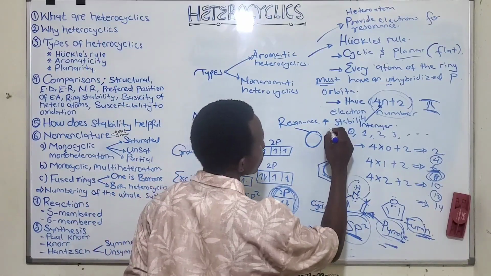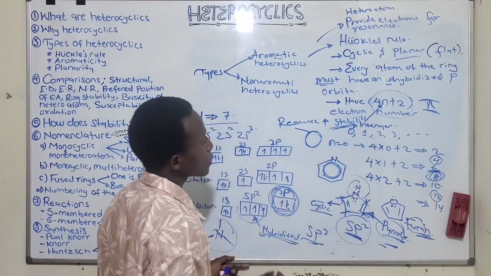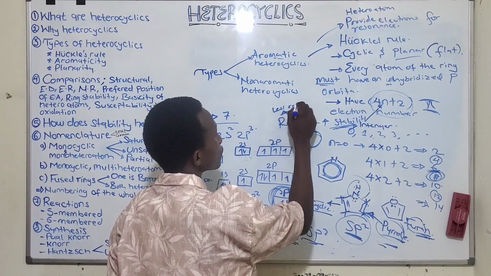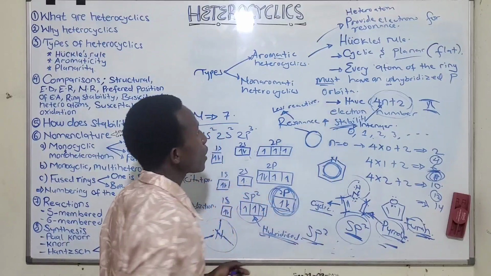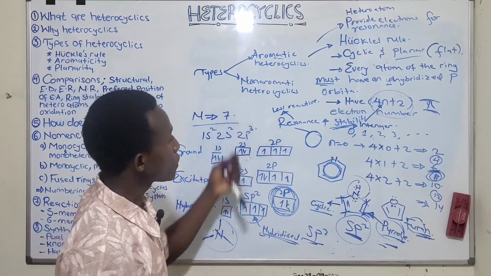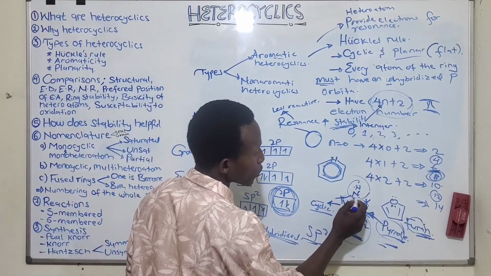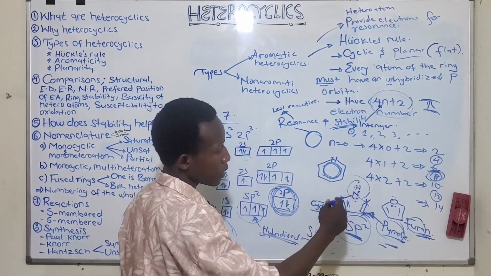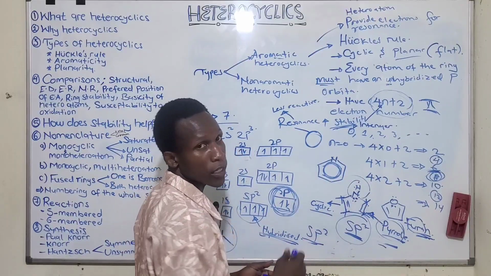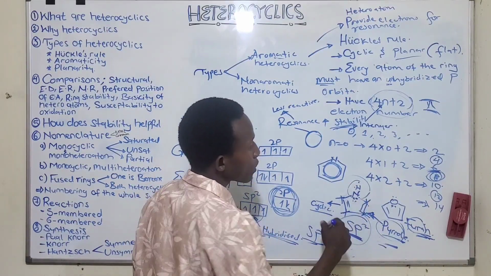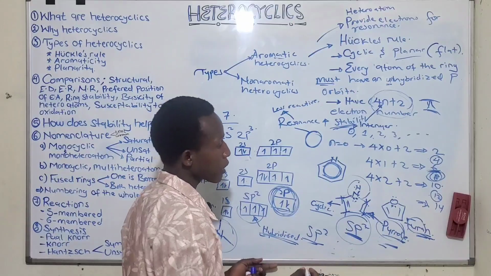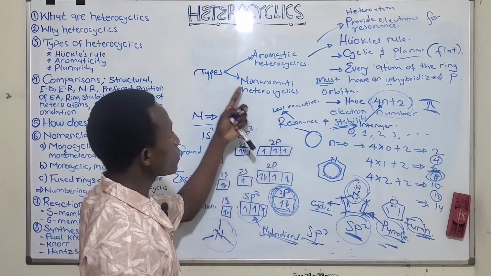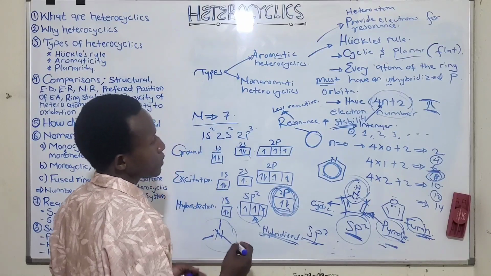They are more stable, and this stability makes them less reactive compared to the non-aromatic, because electrons are not available for reactivity. They keep on moving, they are rotating, so they are not available for nucleophilic reaction or for electrophilic attack. So they are less reactive compared to non-aromatic.